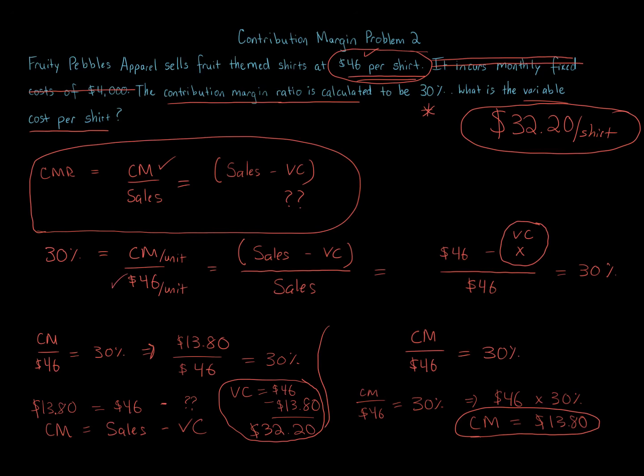To get the contribution margin, we take the $46 sales amount and multiply it by 30%, which gives us a contribution margin of $13.80. Now that we know sales price is $46 per unit and contribution margin is $13.80 per unit, we can solve for our variable cost, which we did down here. And we get $32.20 per unit per shirt. That is the variable cost per unit.